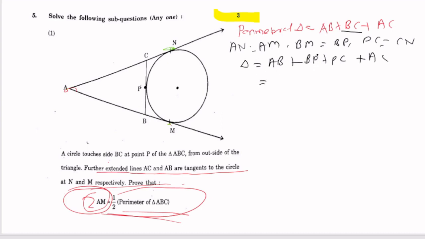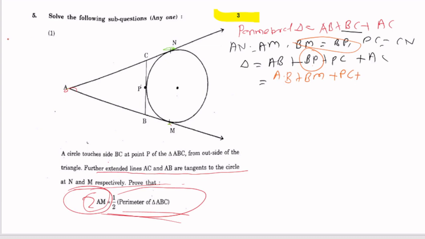Since BP is equal to BM, I can write BM in place of BP. Think carefully, it's very tricky, but it's not difficult. PC as it is.